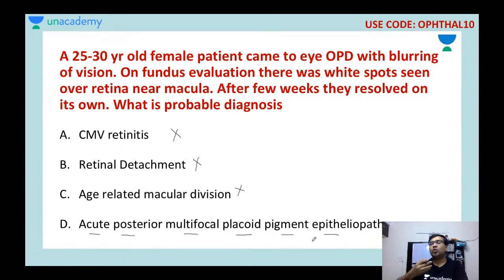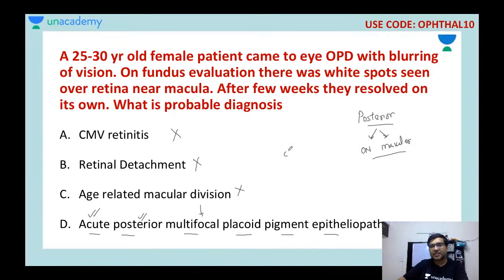Though the name looks much difficult, the answer is very simple. So first is acute, it has happened suddenly. Posterior means in the posterior, when I told you about the retinal anatomy, I told what is the meaning of posterior. Posterior means the patient is having optic nerve and macular involvement. So it is specifically near the posterior pole.